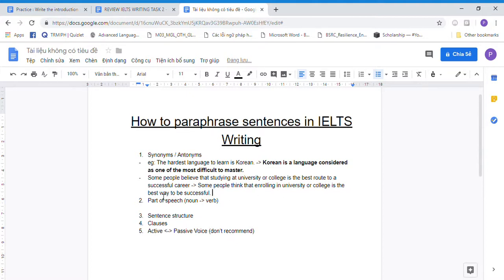So right now I have changed this part, like enrolling in university or college. I've changed the best way. I've changed this part into to be successful. Change to a successful career, to be successful.